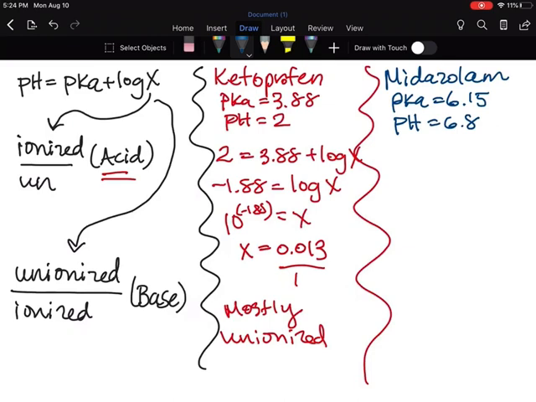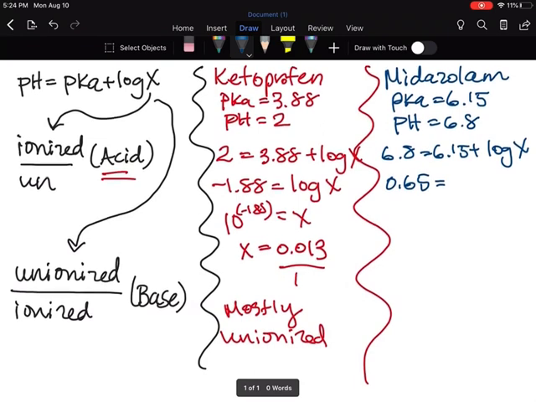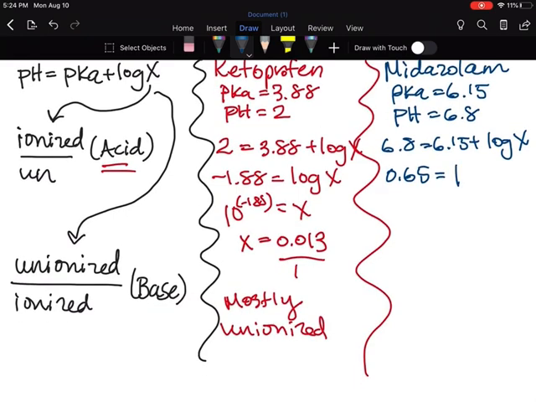And so when you put all this into your equation, if you want to know what the ionization status is, once again, 6.8 equals 6.15 plus log of X. Start solving for your X. 0.65 equals log of X. X equals 10 to the 0.65.